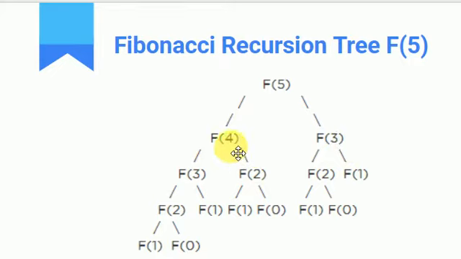F of 4 is nothing but f of 3 plus f of 2. F of 3 is nothing but f of 2 plus f of 1. F of 2 is nothing but f of 1 plus f of 0. This is how the entire recursion happens, and it will find the values of f of 4 and f of 3, add these two values, and return f of 5.